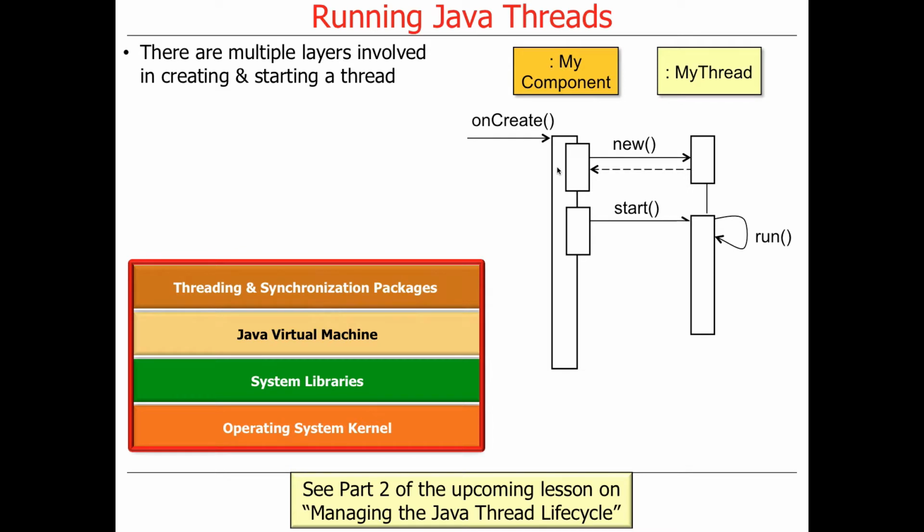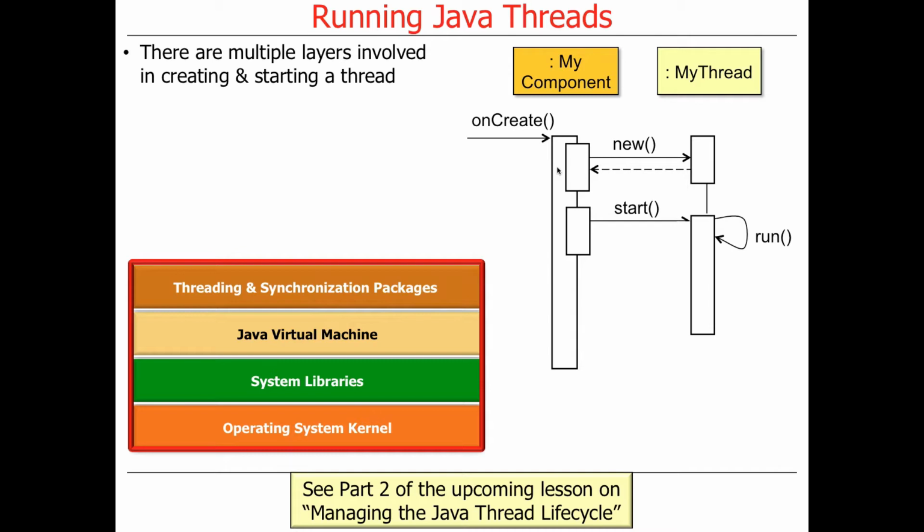The operating system kernel is typically written in C. There's a set of system libraries like libc, which provide interfaces to operating system specific threading libraries like POSIX pthreads, for example. Windows has its own threads, but all this stuff is below the level that you would ever work at as an application developer using Java or Android.